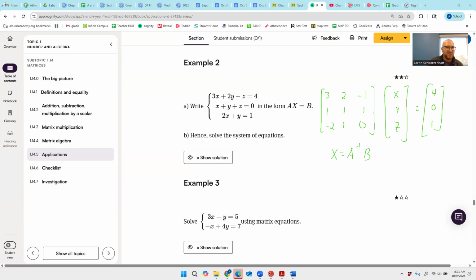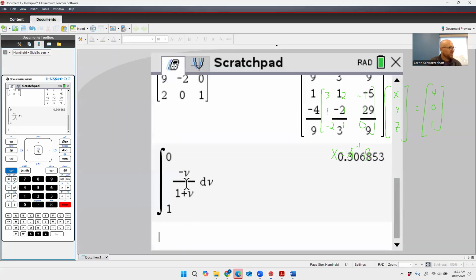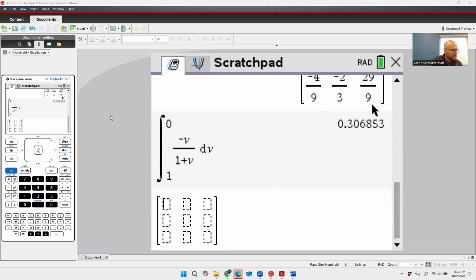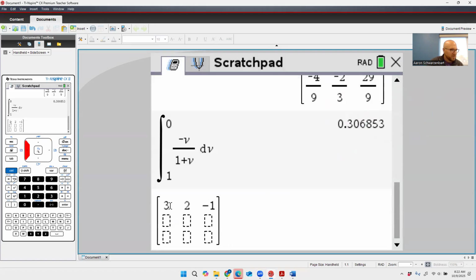On the calculator, you can actually store the matrices too, if you need them for more than one thing. It's 3 by 3. I'm going to clear this. I've got that matrix on another screen. 3, 2, -1, 1, 1, 1.